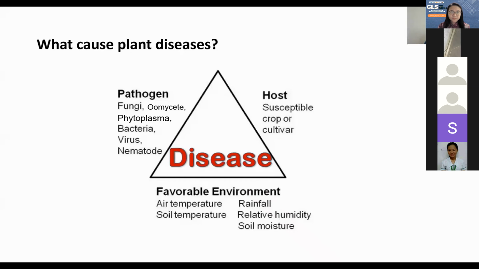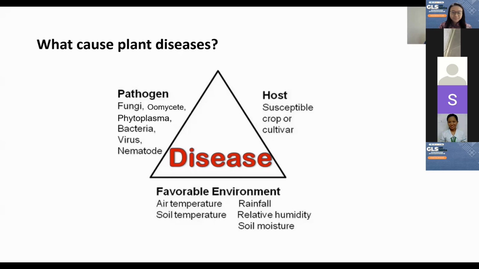And in addition to genetic diversity, there are also life cycles of pathogen and host. Some pathogens are virulent when they are young, and not virulent when they are mature, right?